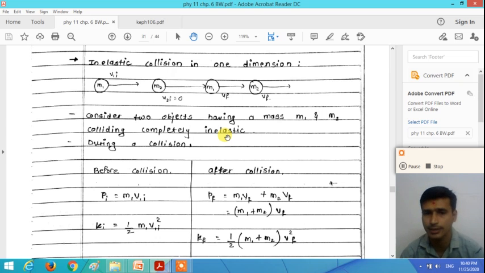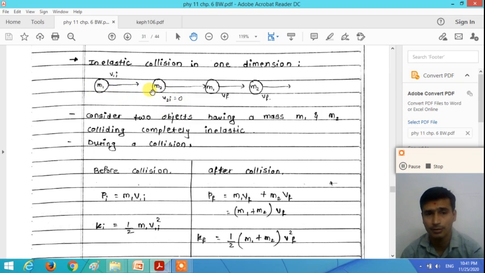Completely inelastic means that the linear momentum before the collision and after the collision are the same, but the kinetic energy is not the same. So here, we consider the object m1 having the velocity v1i and the object m2 having the velocity v2i. If the object m2 is stationary, we take the velocity v2i equal to 0.